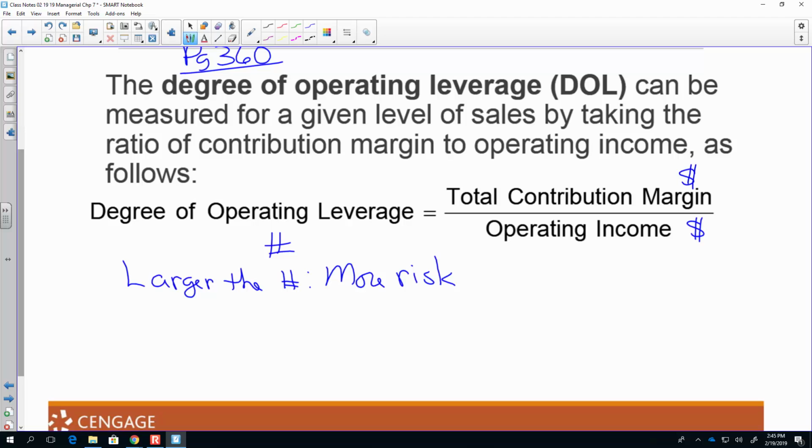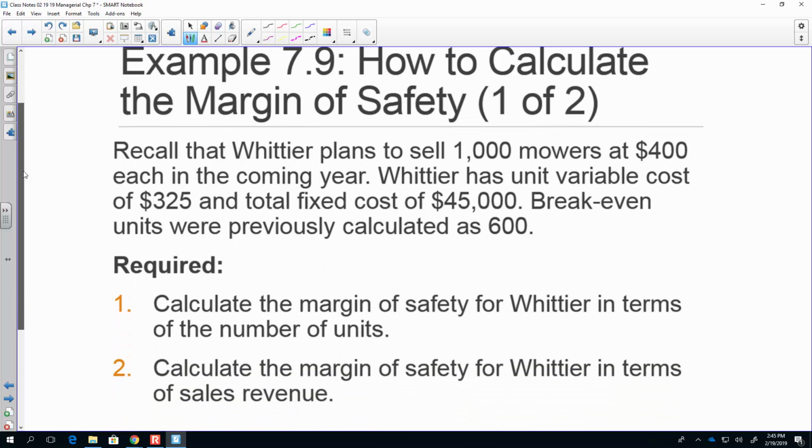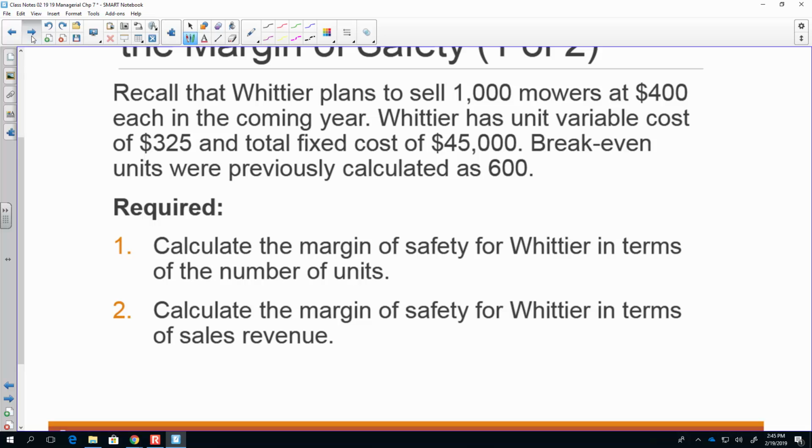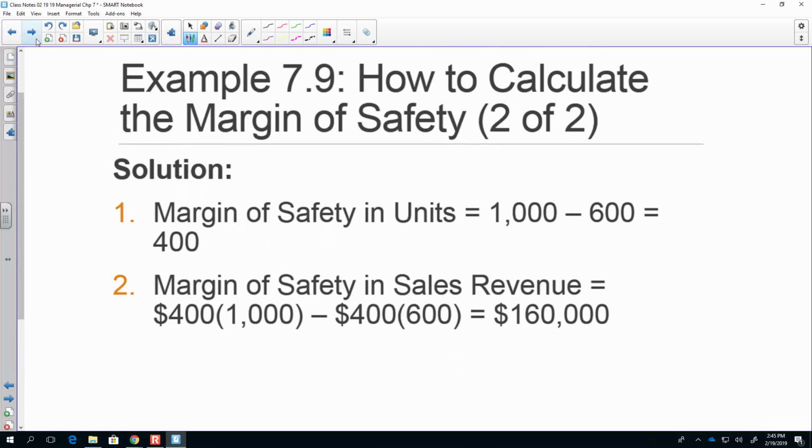Obviously, the smaller the number, the less risk. So you'll get 8 or you'll get 10. 10 is riskier than an 8. That makes sense? The larger the number, the more risk. And we'll show how that happens. So example 9 does the margin of safety computation. Again, really simple. Take the difference, 400 units.